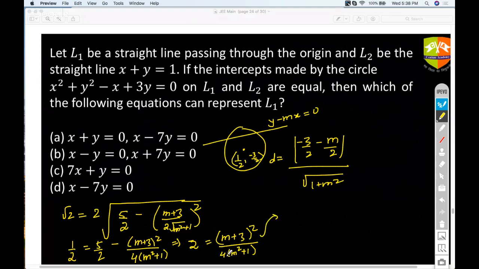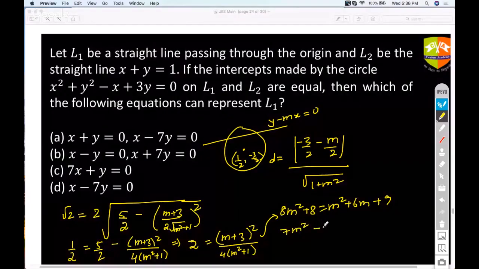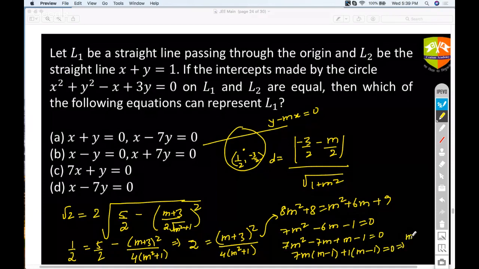So this is going to be 8m square plus 8, and this is going to be m square plus 6m plus 9. That's 7m square minus 6m minus 1 equal to 0. And this is factorizable as (7m plus 1)(m minus 1). So your m value can be 1 or your m value can be negative 1 by 7.